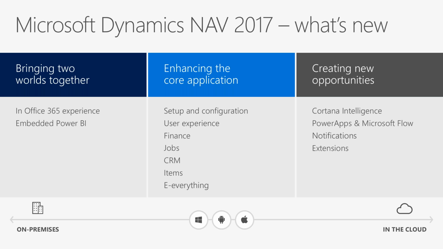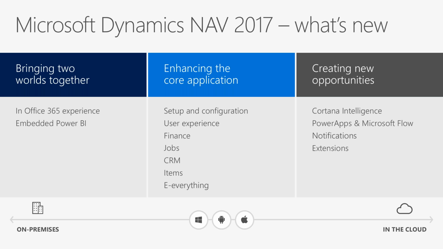You'll see obviously the bulk of the in-Office 365 experience, along with our continued investment. I'm going to go left side, right side, in the things that surround Dynamics NAV 2017 and the opportunities for you as a partner to expand your consulting practices around some of the other Microsoft-centric applications, including Power BI and things like Power Apps, Microsoft Flow, and to a certain respect, even Cortana Intelligence and Cortana Analytics.